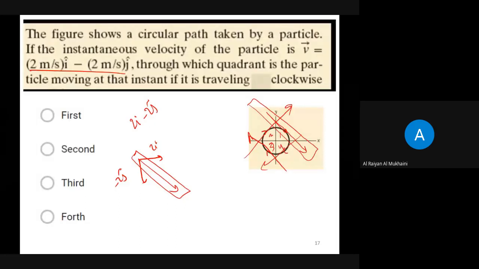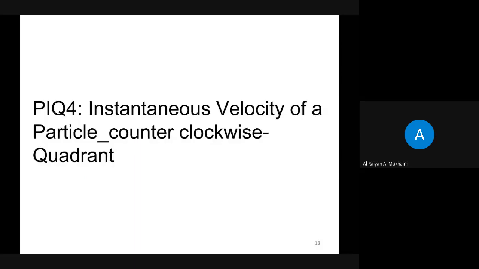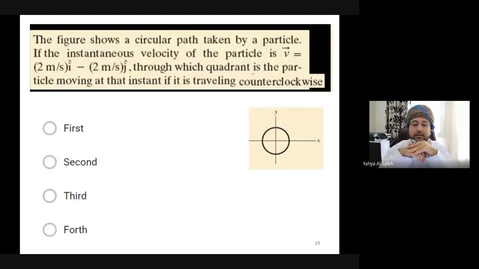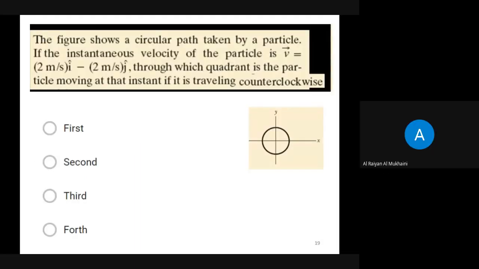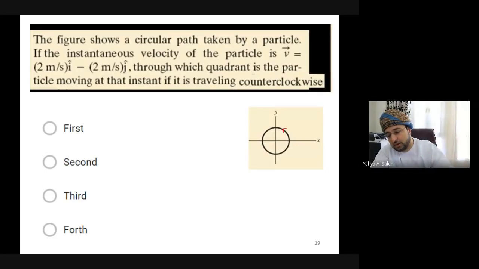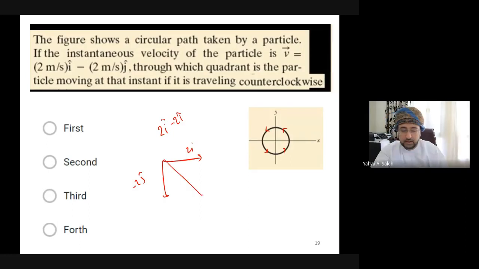A student asks: Doctor, if the question was anti clockwise, what would the answer be? Okay, let's do anti clockwise. Now it's going this way. The velocity is still 2i minus 2j, so my velocity is still in this direction.